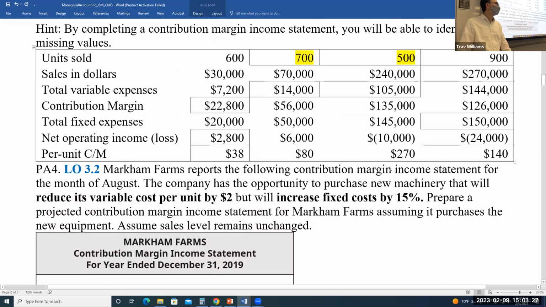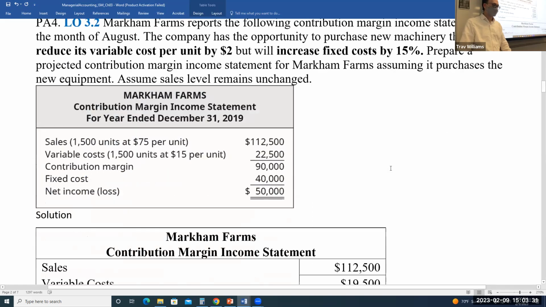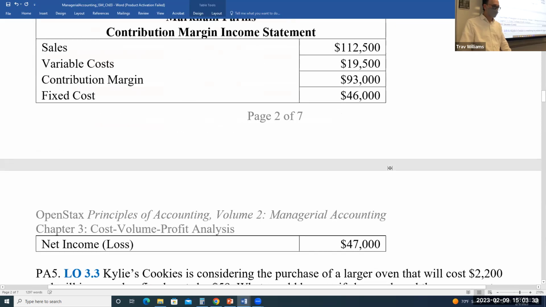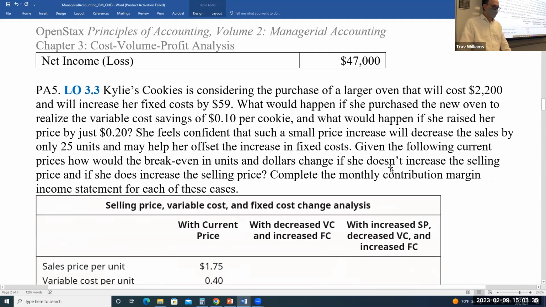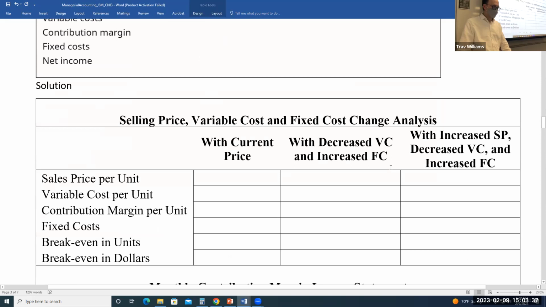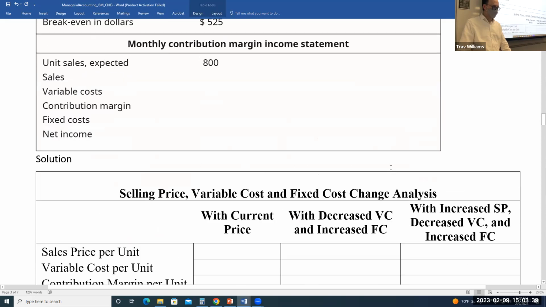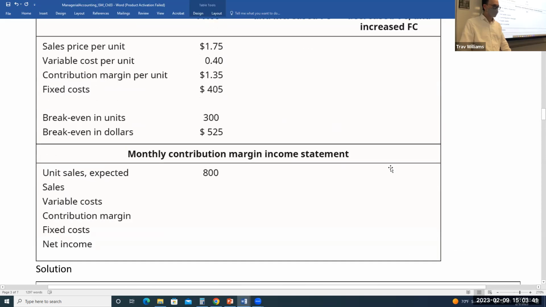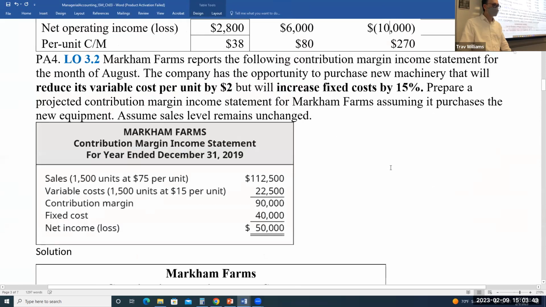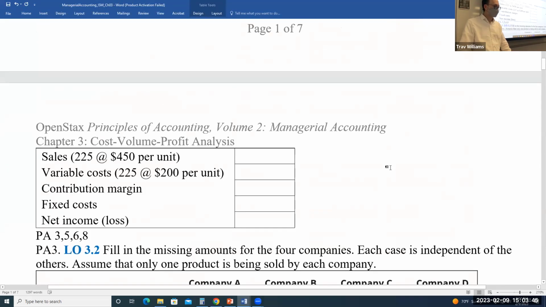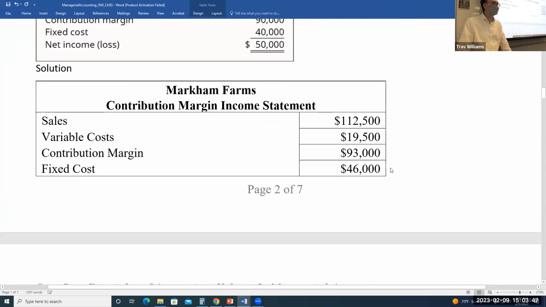Okay, any questions on number 3? All right, so we've done number 4. We're going to do number 5 next. Right? Or did we do that already? Oh, okay, we're going to do 5, 6, and 8.